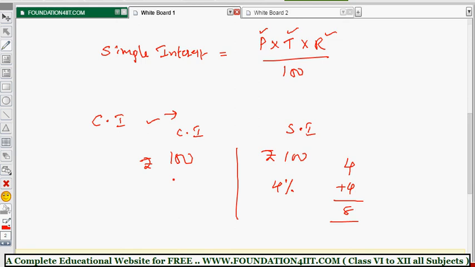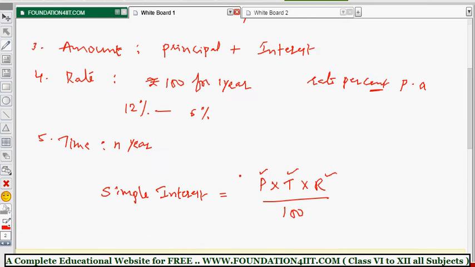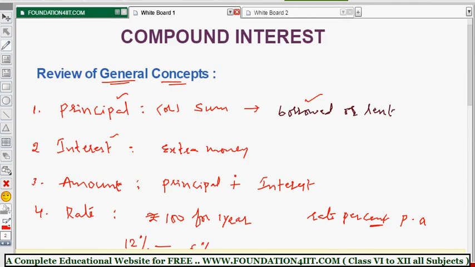But when you come to compound interest, the first year is 4 rupees, for the second year it increases because this 4 also will be added. 104 rupees will be the principal for the second year. Okay, we will see this all clearly in the problems. So let us continue with the numerical problems based on compound interest first. Then later, let us see how to solve by using the formula also.